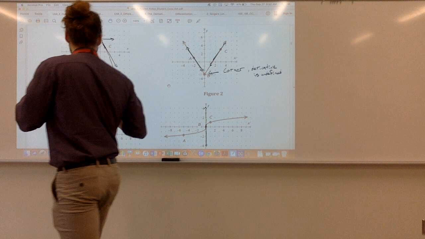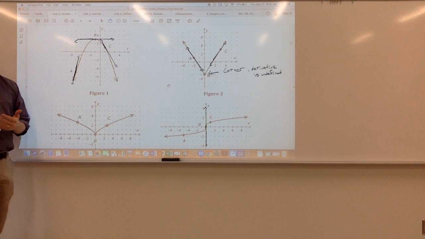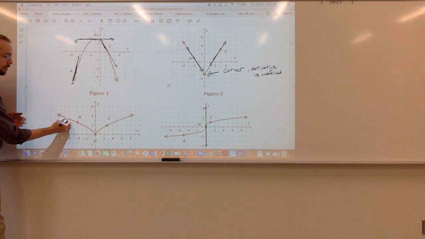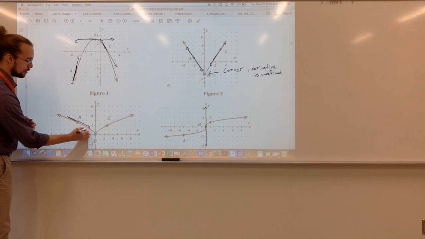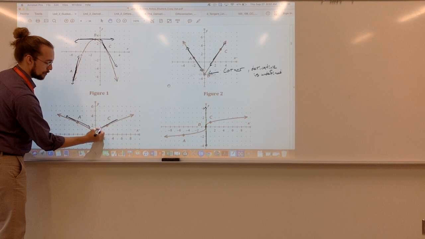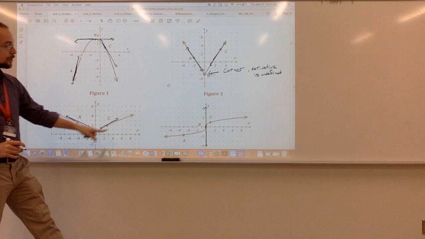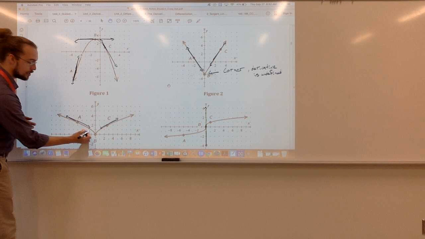Something similar happens in our next graph. For both A and C, we can draw our tangent line. For A, we would get something like that. For C, we would get something like that, ish. But then down here at B, we can do the same thing that we did up here at this B. I could draw a tangent line in a whole bunch of different places that only hits that curve at one point.